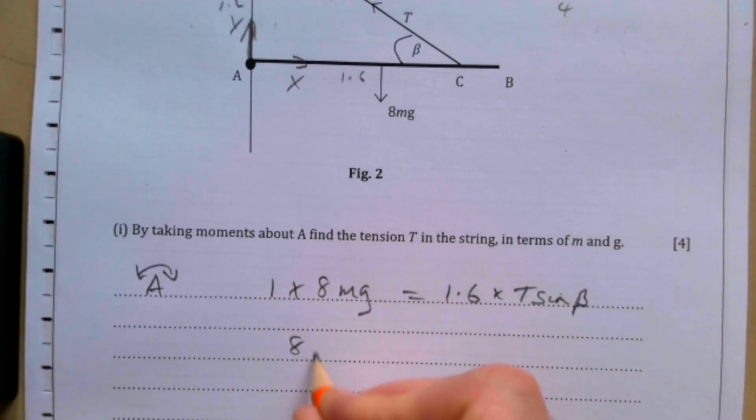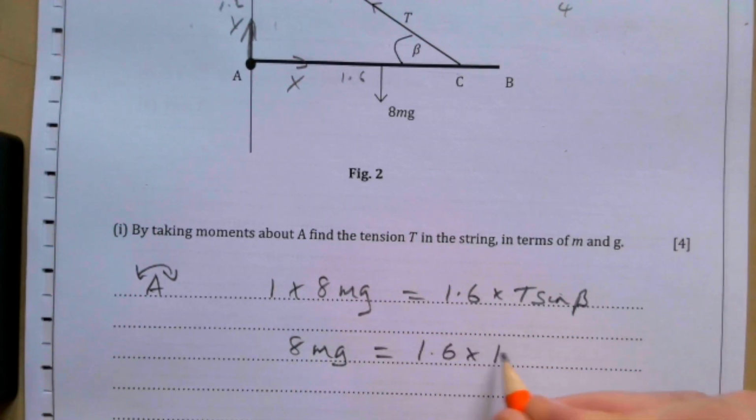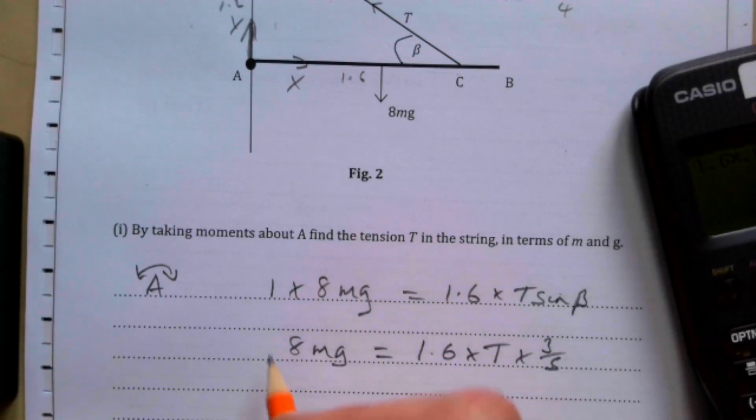So 8mg equals 1.6 times T times 3/5. So 1.6 times 3/5 is 24 over 25, and so I'm going to be dividing through by that.